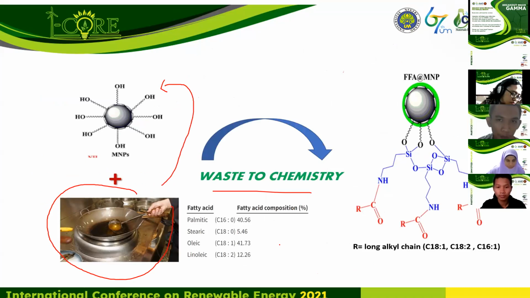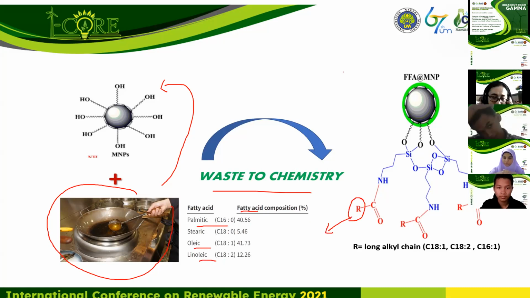Maybe some of you will ask why I choose waste cooking oil. Because waste cooking oil is a source of fatty acids, for example palm fatty acids consisting of palmitic acid, oleic acid, as well as linoleic acid. So these R groups, which we attach to the magnetic nanoparticle, at the end form a very long chain and become a hydrophobic material.